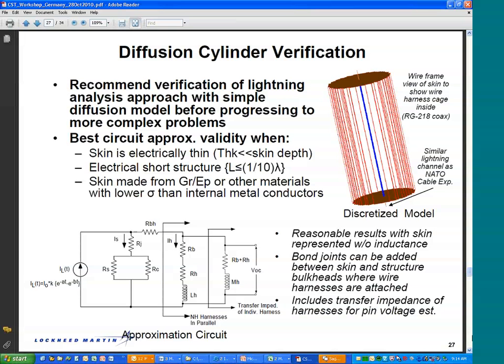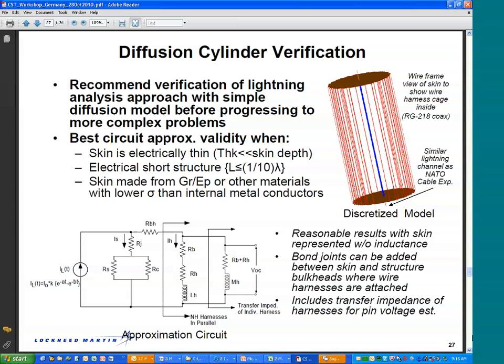Do I know how to use these tools properly to get this required effect captured in my model? So I recommend that you take something similar, like a diffusion cylinder problem, where you take a cylinder with graphite, and you could debate what is the conductivity of graphite in that direction.